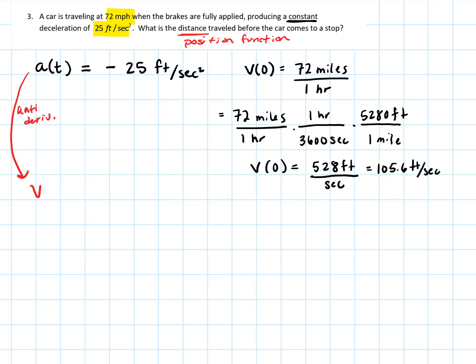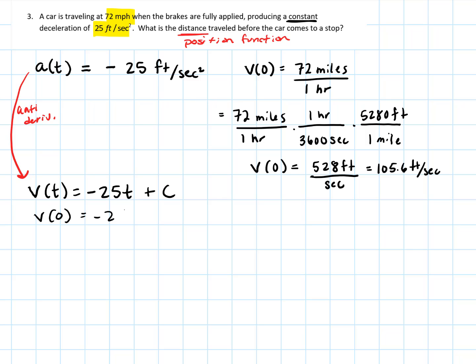So the velocity function v of t is going to be negative 25t plus c. But we also know the initial velocity.